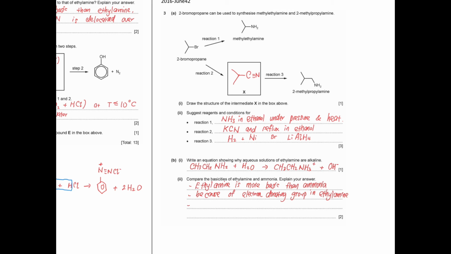The third optional point, which makes the lone pair on nitrogen more available for H plus. Okay, so this is how we explain it. And then, okay, let's move on.